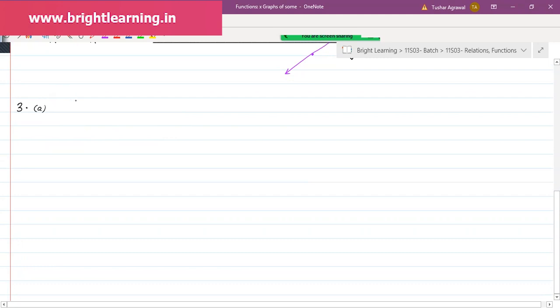A polynomial of degree 1. Polynomial of degree 1 means, let's say, f from R to R. Consider f of x is equal to 2x plus 5.